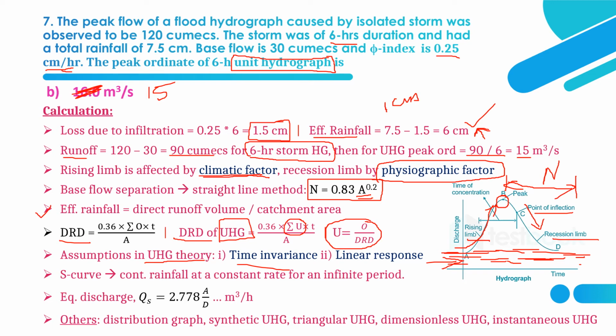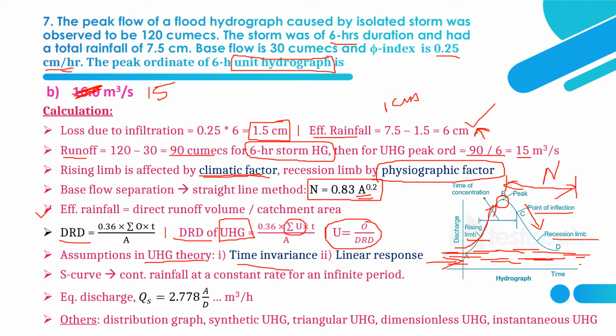The runoff produced from a given drainage basin due to a given effective rainfall will always be the same irrespective of the time of its occurrence. So that is the time invariance.